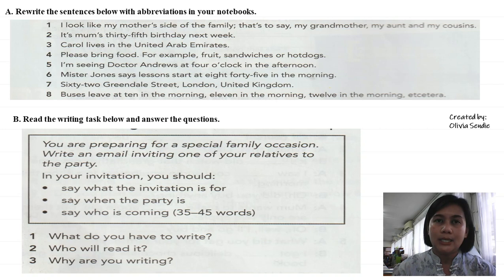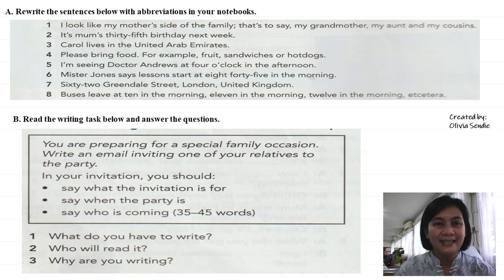In your invitation, you should say what the invitation is for, say when the party is, and say who is coming in about 35 to 45 words. Okay, I'm going to ask you to pause the video and reread the extract by yourself.